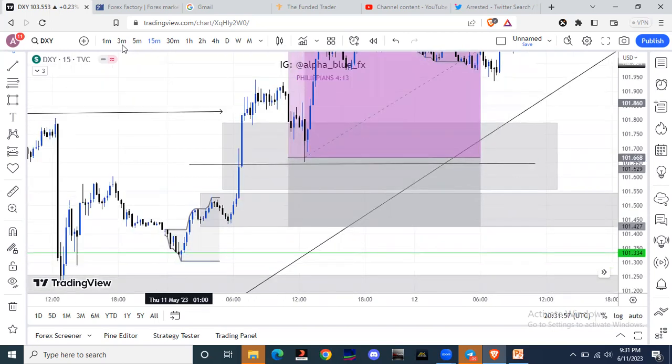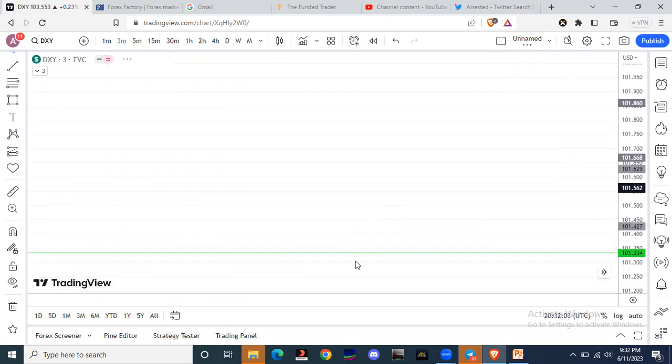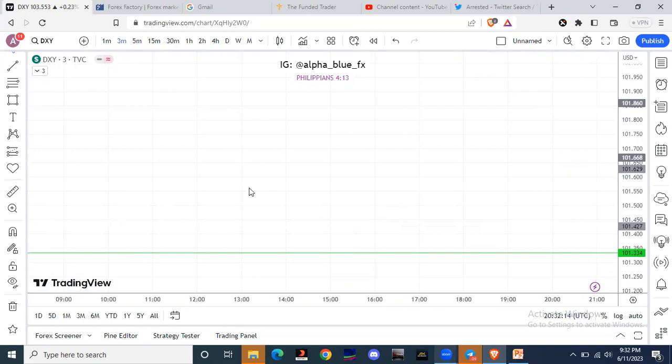If I go to the 3 minutes, you're going to see that there's another order block there, or something like an order block, that price reacted from.